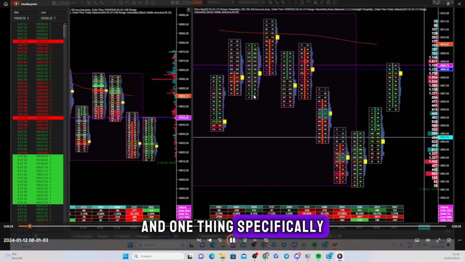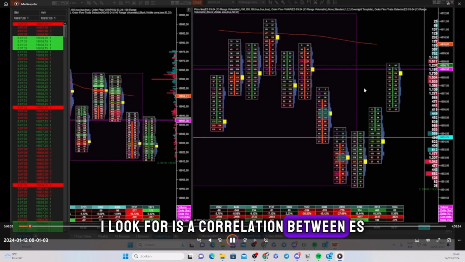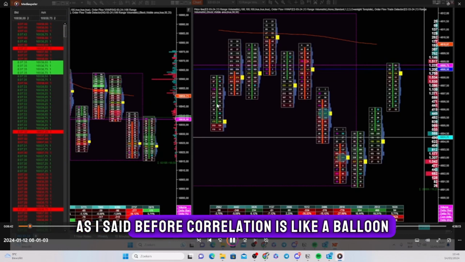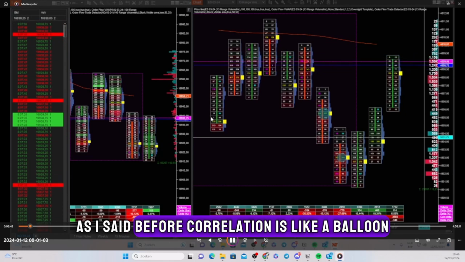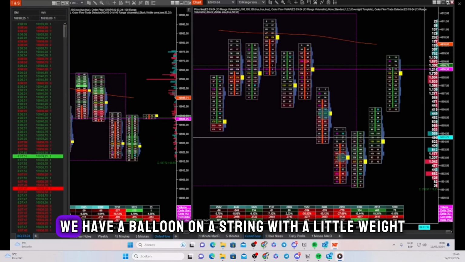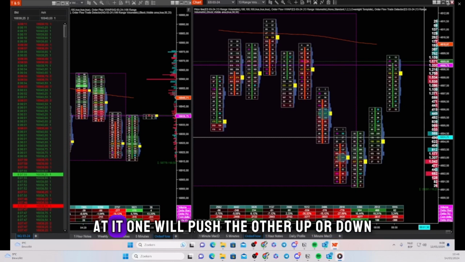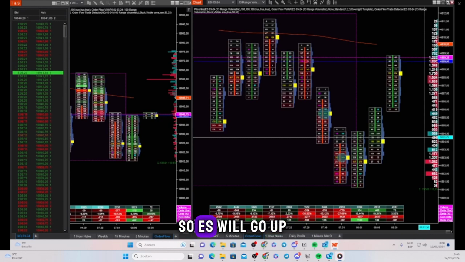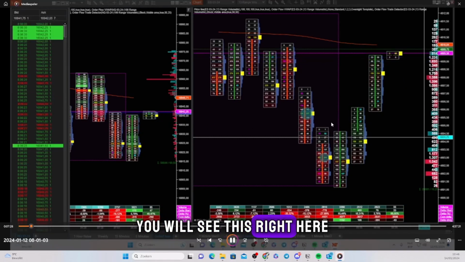And one thing specifically I look for is a correlation between ES and NQ. As I said before, the correlation is like a balloon. You have a balloon on a string with a little weight on it. One will push the other up or down, just the same as with ES. So ES will go up. You will see this right here.